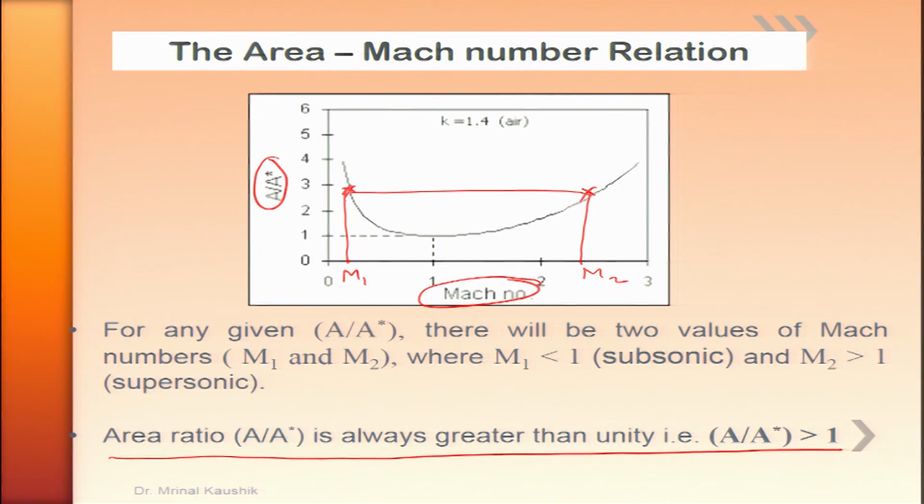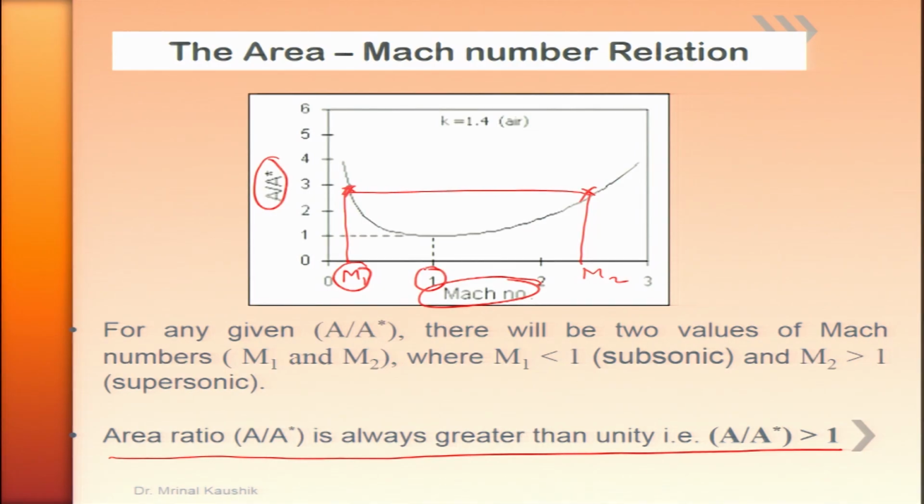If you draw the vertical lines, let us say this is M1, and for this case this is M2. With the minimum, when A is A star, we know that the Mach number is 1.